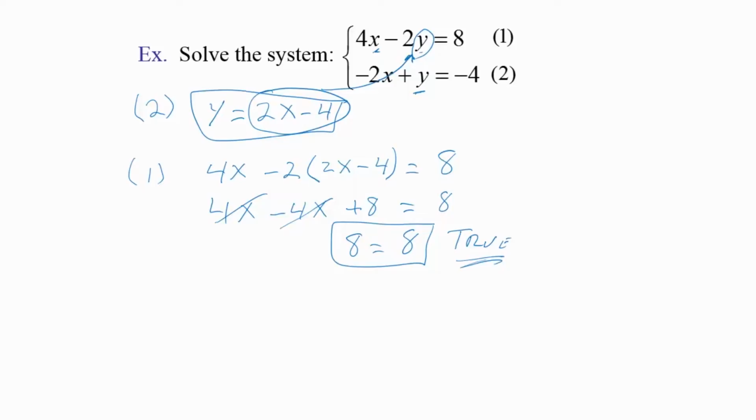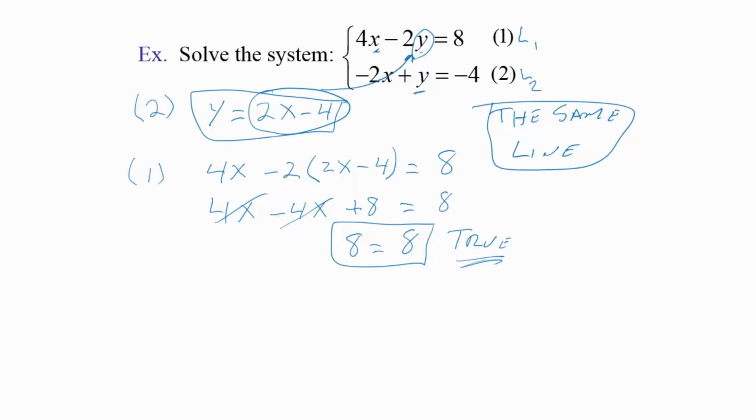If this happens and you end up with a true statement, that means these two lines, line 1 and line 2, are basically the same line. And therefore, there is an infinite number of solutions, right? They are the same line, therefore there is an infinite number of solutions.